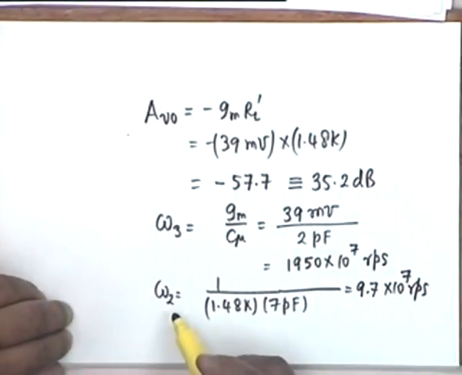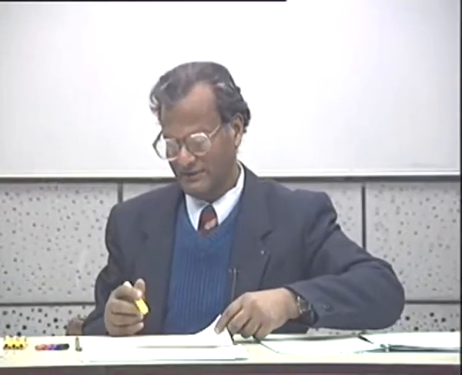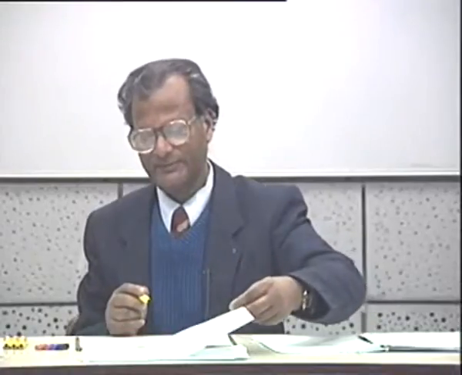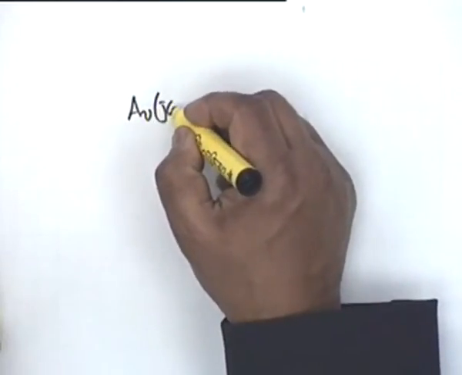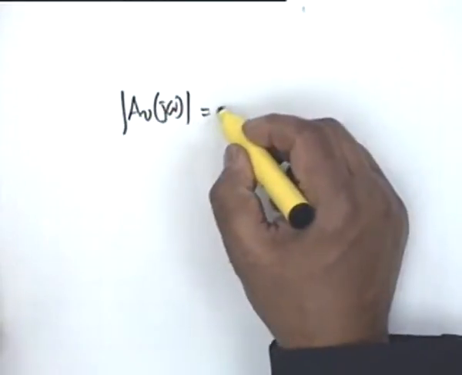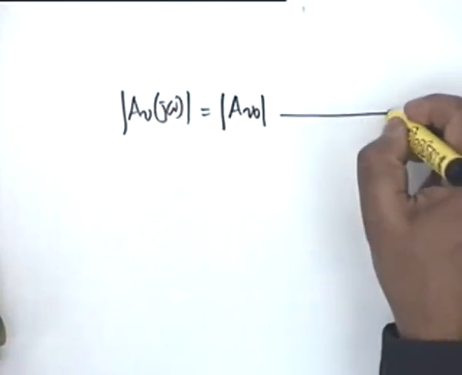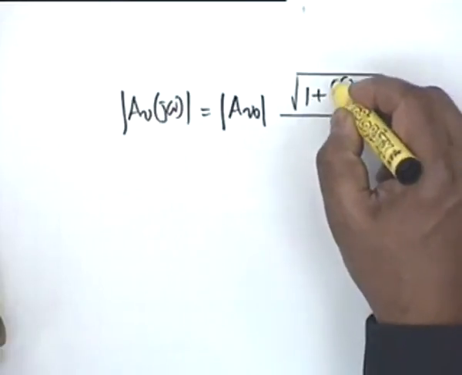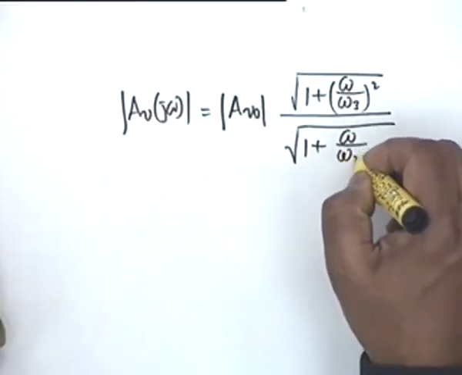And you notice that omega 2 is much less than omega 3. Okay, omega 2 is much less than omega 3. So the numerator factor can be ignored. If you are not convinced, let us see: the magnitude of AV j omega would be equal to the magnitude of AV0 multiplied by, in the numerator, 1 plus omega by omega 3 squared, and in the denominator, 1 plus omega by omega 2 squared.